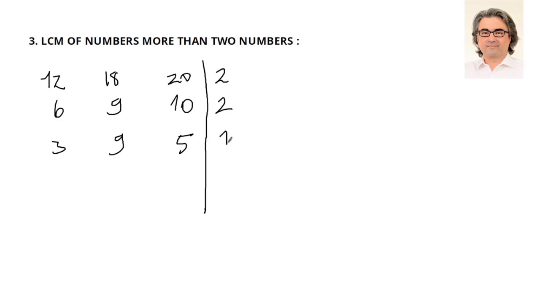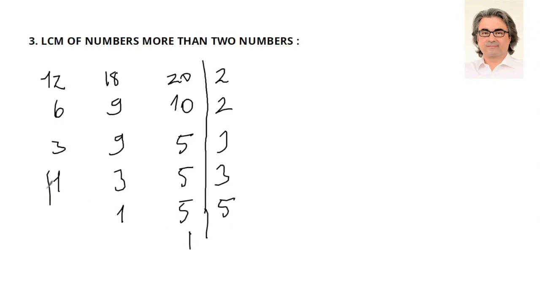So pass to 3. Now 3 over 3 is 1. 9 over 3 is 3. 5 is not possible. Again with 3, because I have a number 3 divisible with 3. 3 over 3 is 1 and 5 here again. And 5 over 5 is 1. That's all.